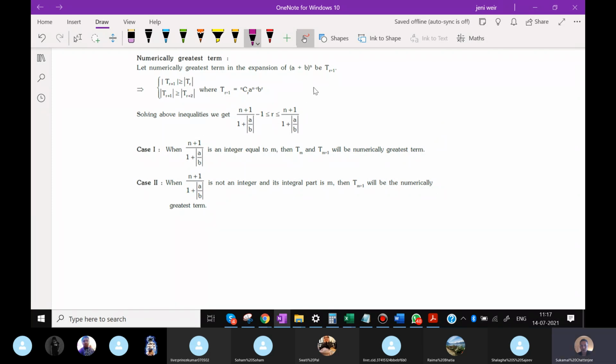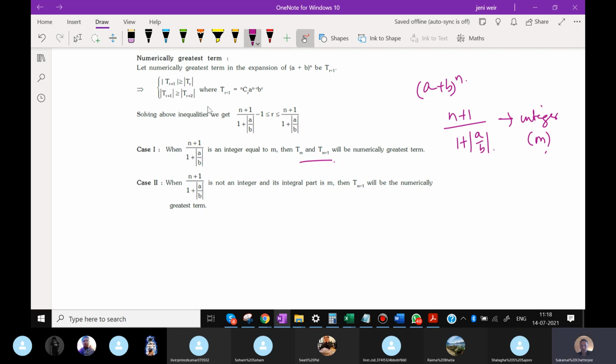So if (a plus b) to the power n is the binomial, then if the value of (n plus 1) by (1 plus mod of a by b) is an integer, let's say m, then the mth term and the (m plus 1)th term will be the numerically greatest terms.